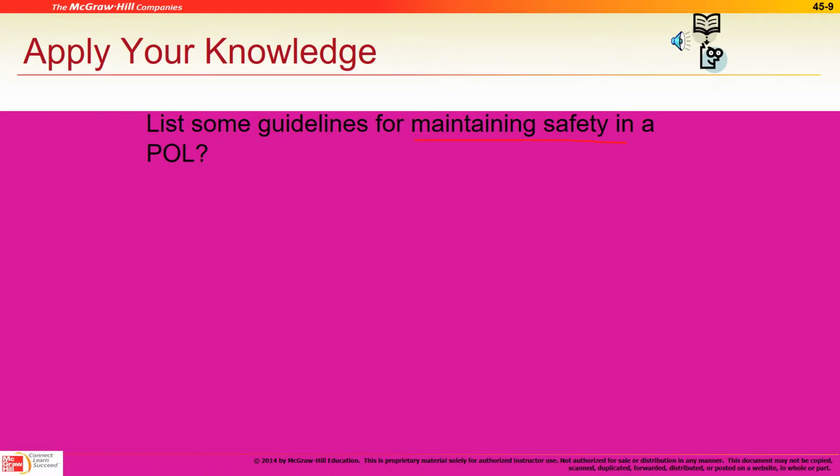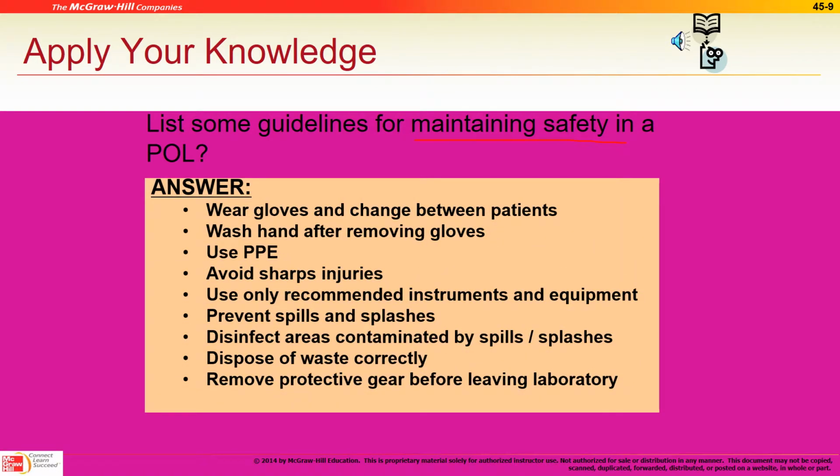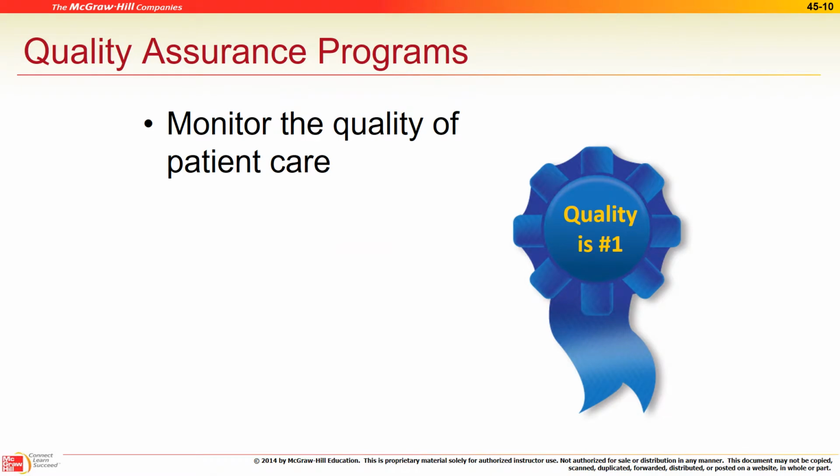Guidelines for safety, we'll just list them off. So your PPEs, removing and washing your hands, sharps, we don't recap. Only use the equipment that's recommended, and then there's the cleaning and disposal. QA.